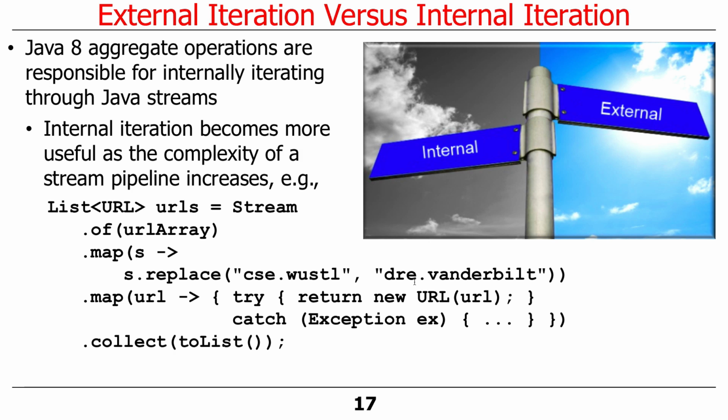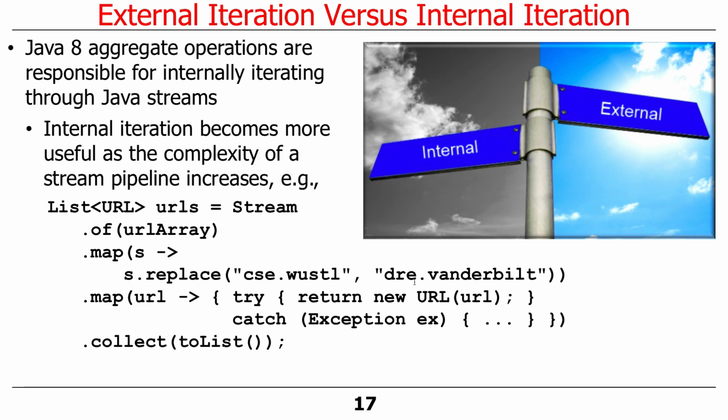The flow of information flows internally. You don't have to write any control loop to manage this. It flows from the of factory method through the map intermediate operation, where what we're going to do is look for all instances of csc.wustl and replace it with dre.vanderbilt.